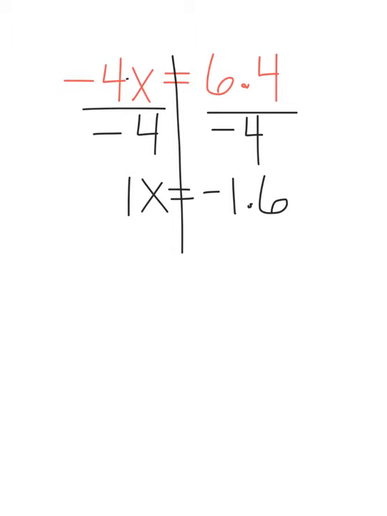Let's look at example 4. I have 5 examples, so we're getting close. On example 4, we have 19 equals r, and it's a fraction, divided by 3. But remember, a fraction means division.